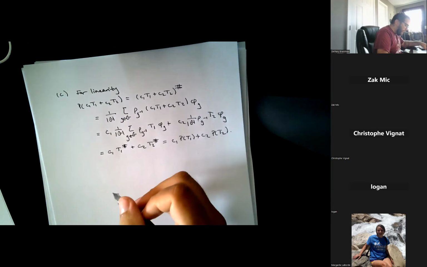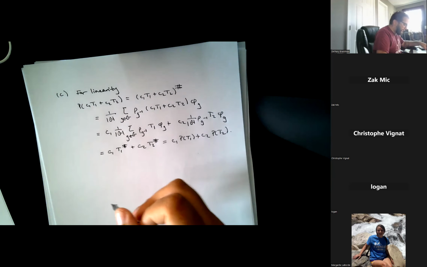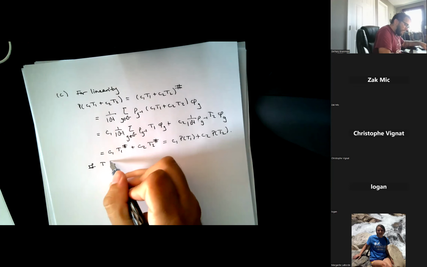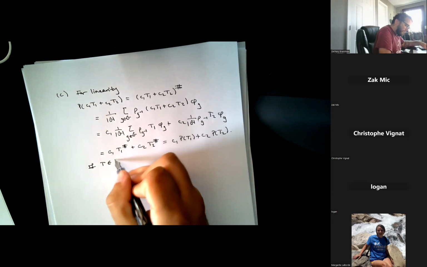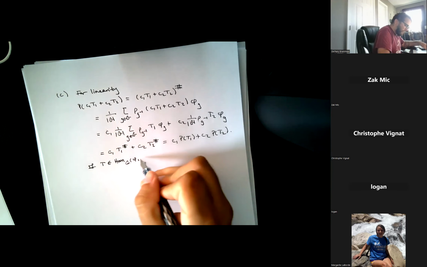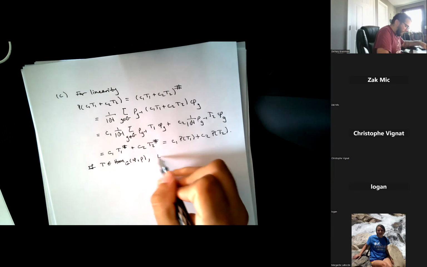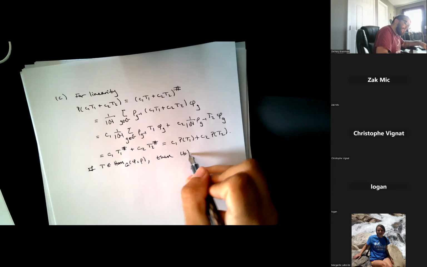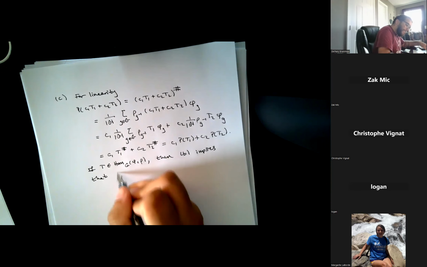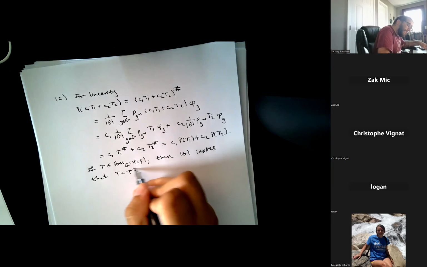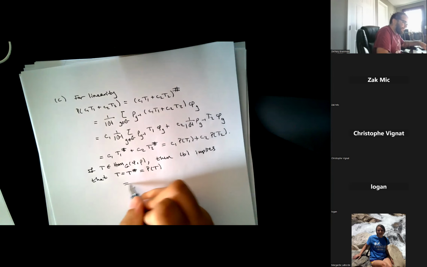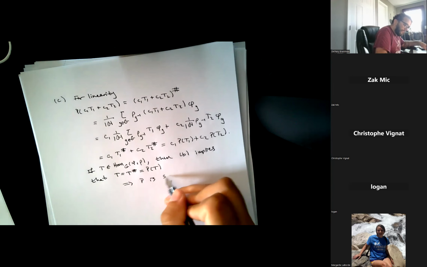So for surjectivity, if T is in the Hom set, then part B implies that T is equal to T sharp, which is equal to P of T. And so P is surjective.